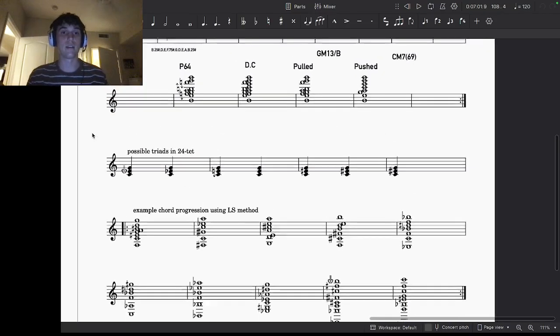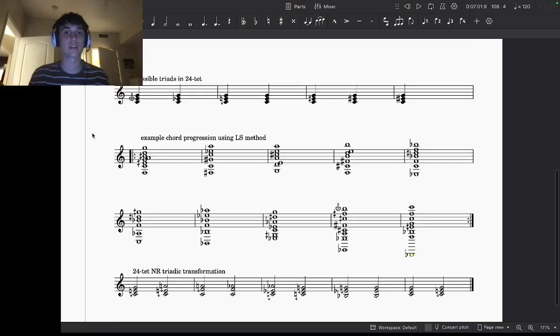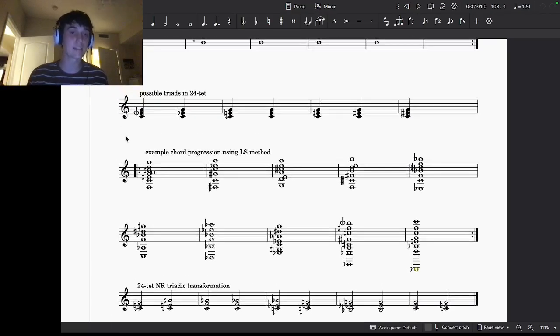Really nice. So one quick thing I want to say, the reason that I'm not existing within this 24 tone equal temperament world is because we're losing triadic, we're not losing, we're adding triadic qualities. With 24 tone equal temperament, we have many different types of triads beyond major, minor, augmented, diminished, suspended, yada yada yada.